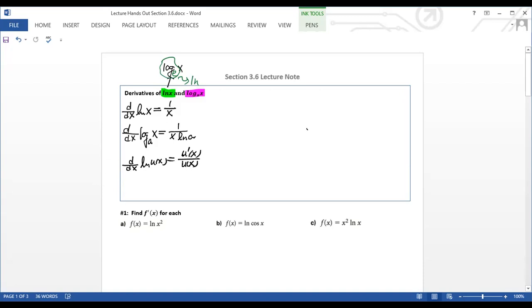Okay, so this is the chain rule. Also, because we know the domain of the log function has to be positive, if you have the natural log of the absolute value of x, the derivative will also be 1 over x. Okay, so this is the set of formulas.